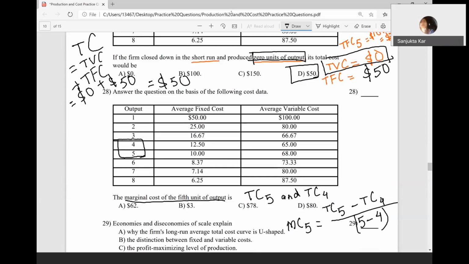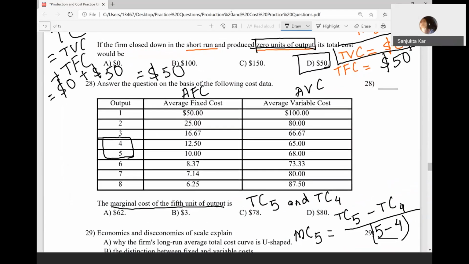So we have the information on average fixed cost and average variable cost. There are two steps to this problem. Let me see if I can make this bigger. Now I have to find out the average total cost first. So definitely I'm going to need my calculator here.